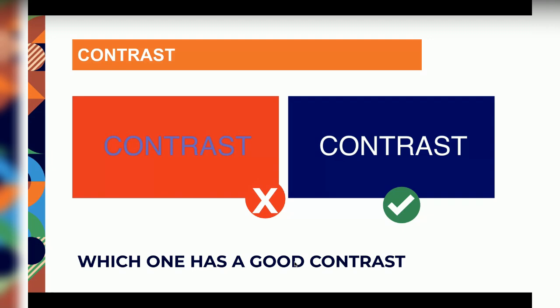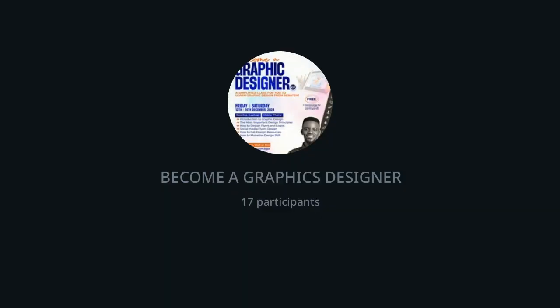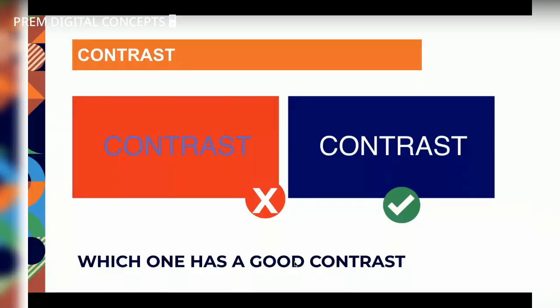As a graphic designer, you are trying to make sure it's easier for people to read through the content that you are creating. That is your job. Make it easy. As you pass that message to them, you make it easy for them to go through it, and one way you can achieve that is using a good contrast on the design.